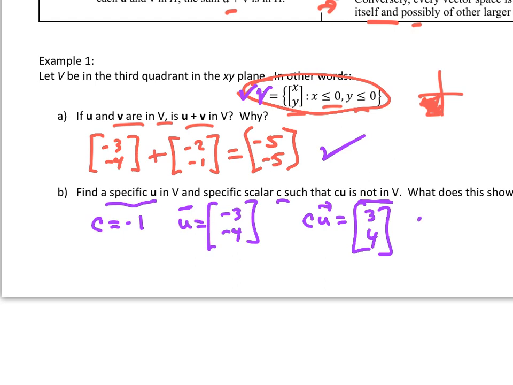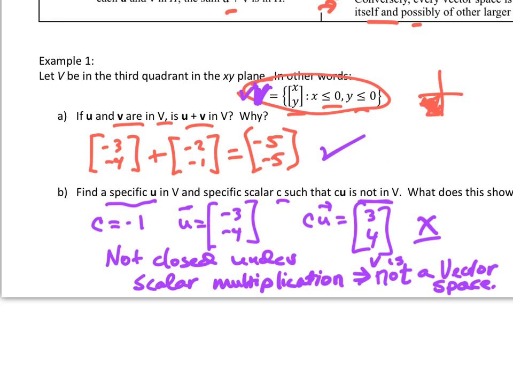The answer is no. And so that shows us that this V is not going to be a subspace, not going to be a vector space for what we're dealing with, because it is not closed under scalar multiplication. So since it's not closed under scalar multiplication, V is not a vector space or a vector subspace.